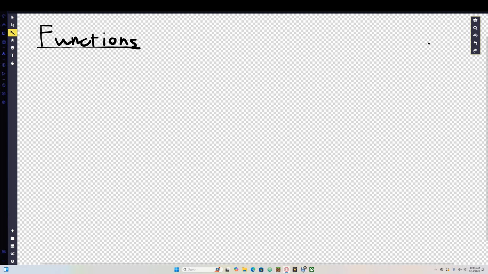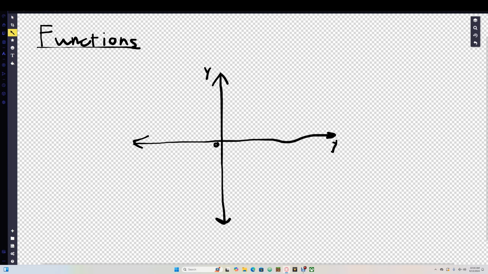A coordinate plane, as I've said before, is basically an intersection of two number lines. If I just draw one here, sorry, it wasn't very straight. We have our origin, we have the y-axis, and we have the x-axis.